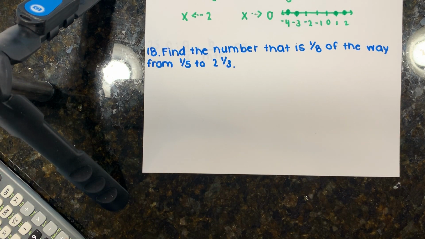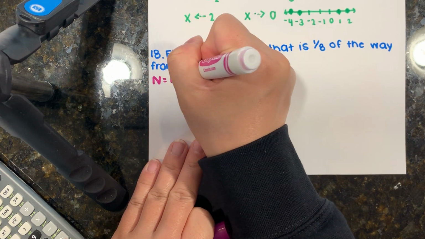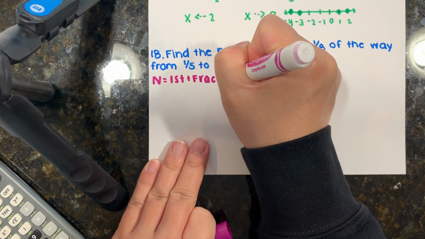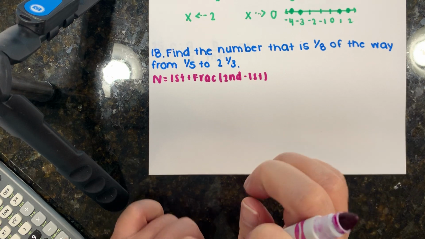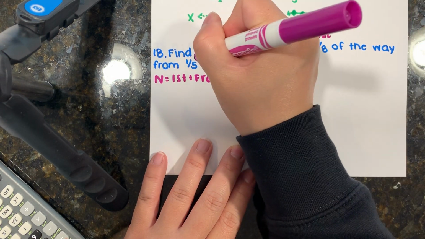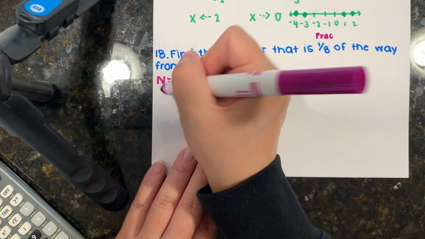So my formula is n is equal to the first plus the fraction times second minus the first. So we're going to plug in those variables.